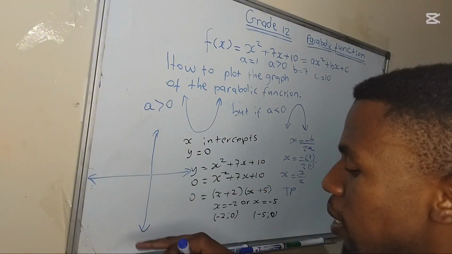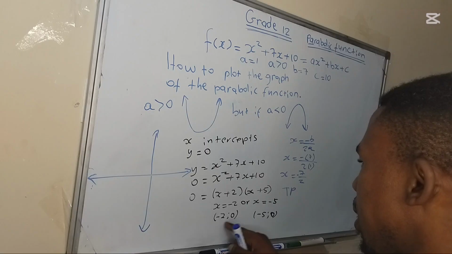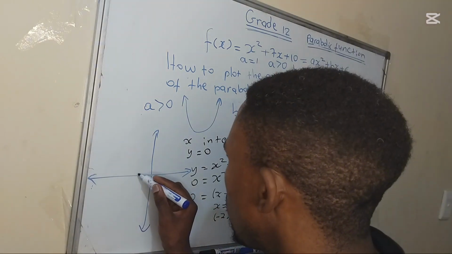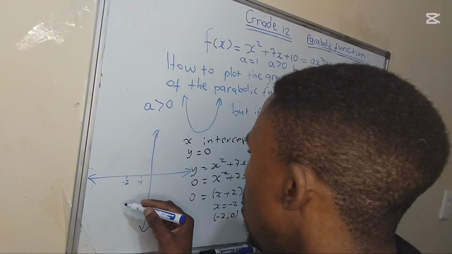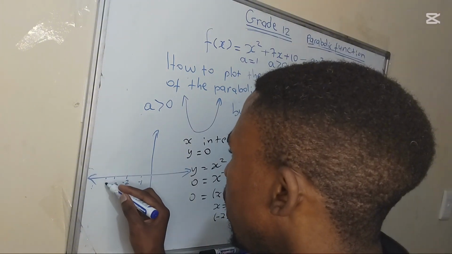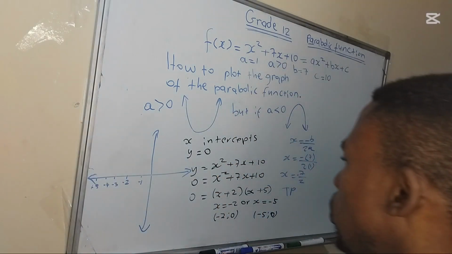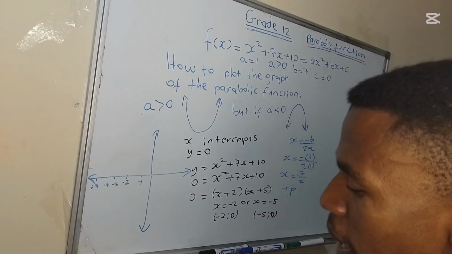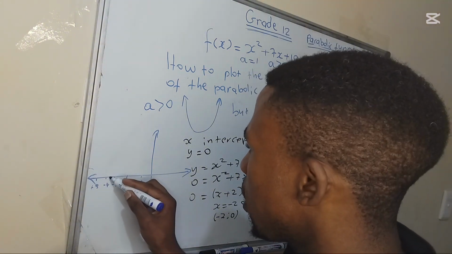Negative 7 over 2 is negative 3,5. So let's start with the x-axis. We have negative 1, negative 2, negative 3, negative 4, negative 5, right? Negative 3,5 is somewhere here.